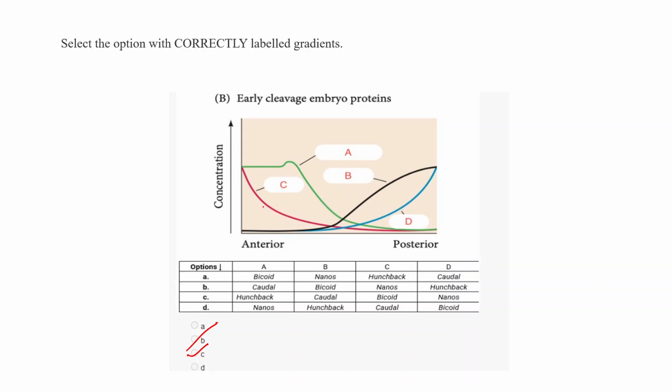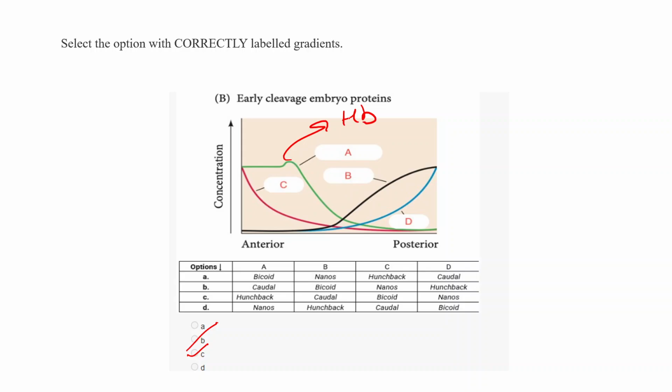Bicoid is high at the anterior, low at the posterior. Hunchback is the one that can help you determine this, because you can say why this is not hunchback and this is not bicoid. There is a broad anterior domain, then it gets a little activated and then goes down. This is the graph of hunchback.